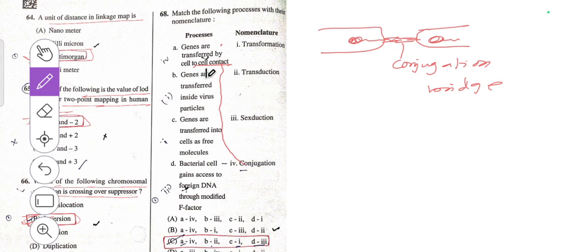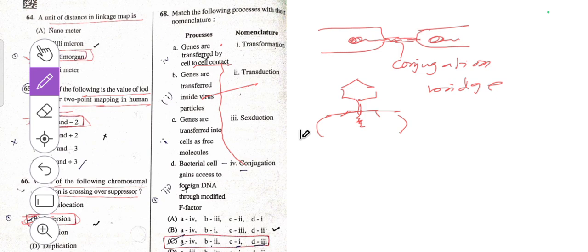Then second one, genes are transferred inside virus particle, so this one will be transduction. Consider this as a bacteria, consider this as a virus. Through this virus, the genetic material will come inside of a bacterial cell.